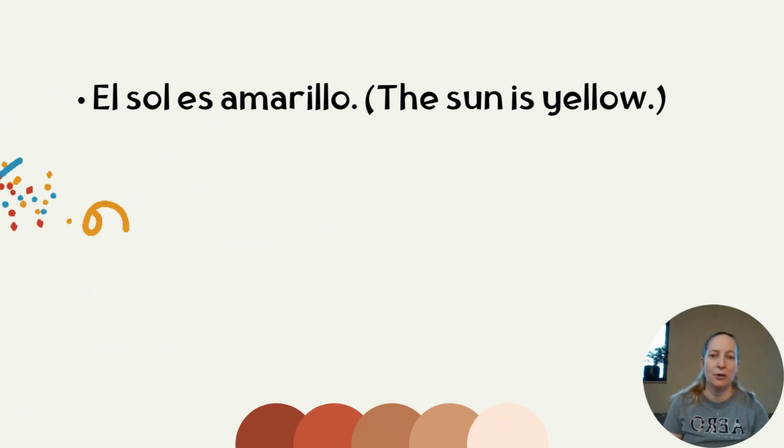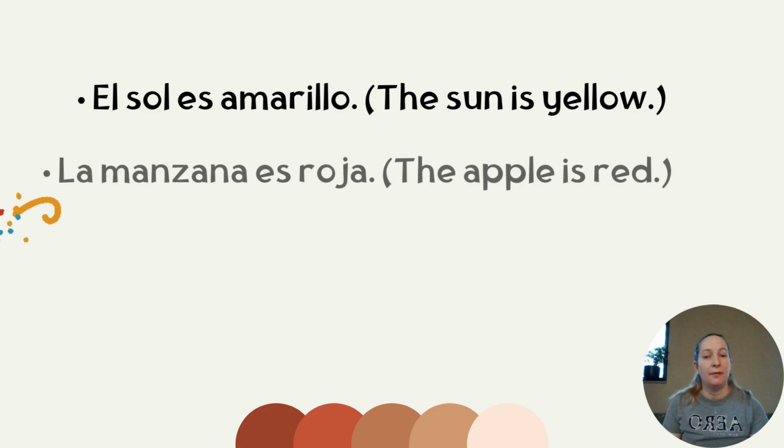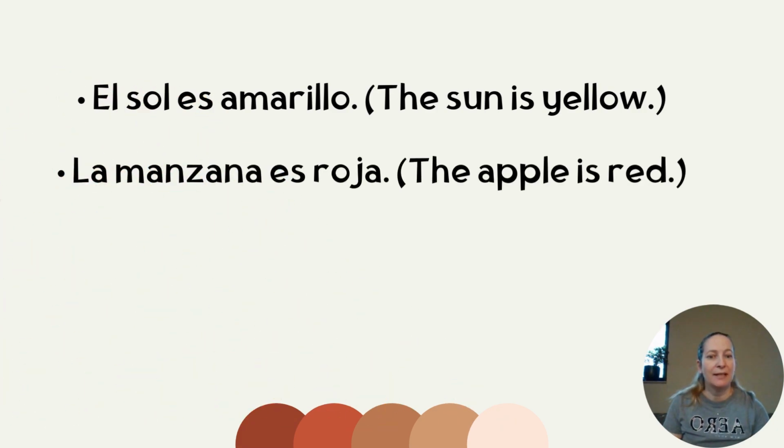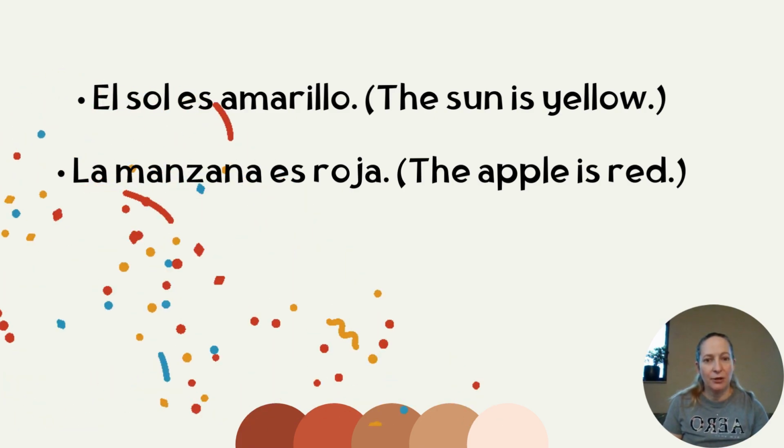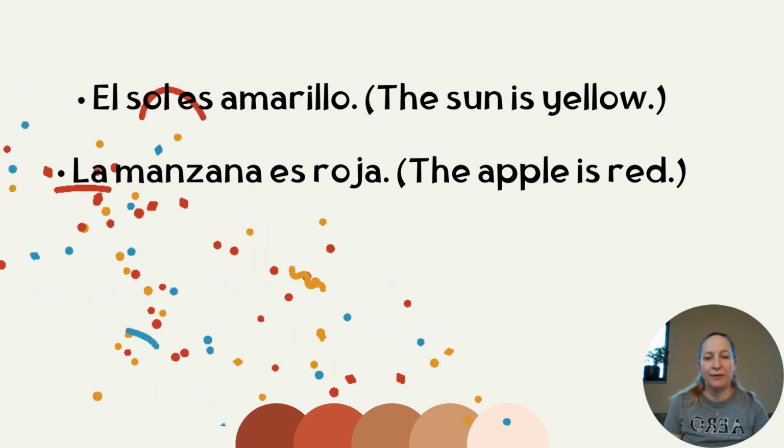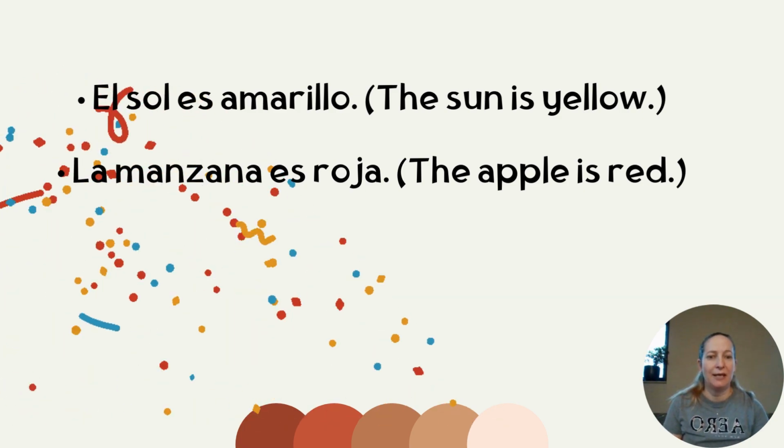The sun is yellow. If we go to the next one, we have la manzana es roja. So the apple is red. You have feminine all the way through, and it's singular all the way through. La manzana es roja. You have the la, the a at the end. You have the singular verb there of es, and you have the a at the end of roja.